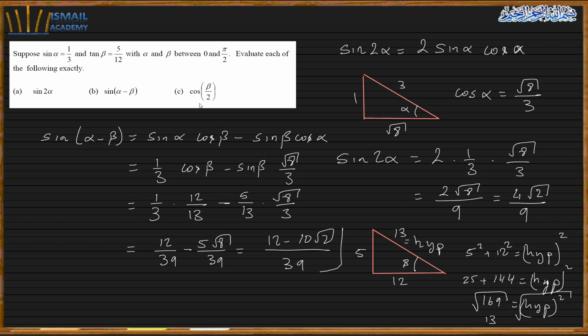I need to find the half angle. So the cosine of the half angle: we know that the cosine of the double angle is in fact 2 cosine squared of the angle minus 1.